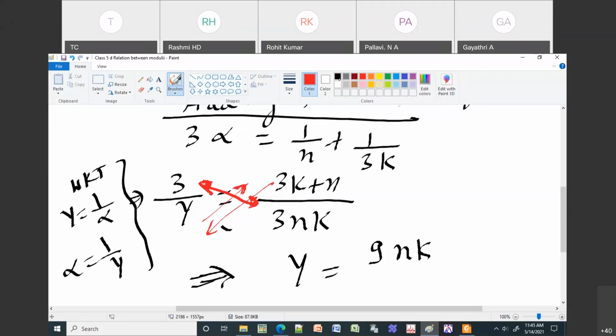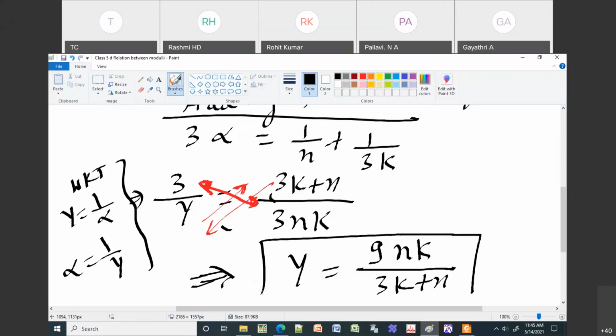So 3 into nk, 3nk into 3, so it is 9nk, divided by 3k plus n. So this is the relation that you need between y, k and n.